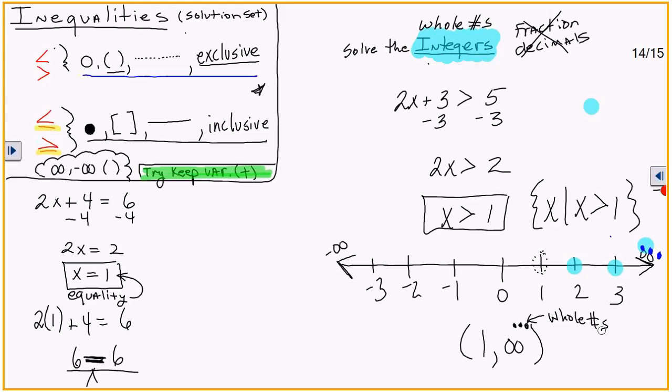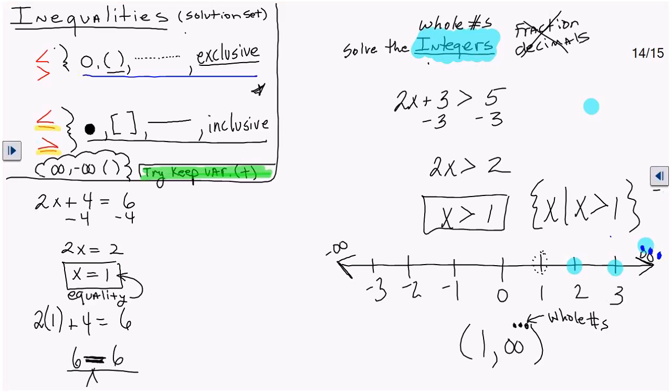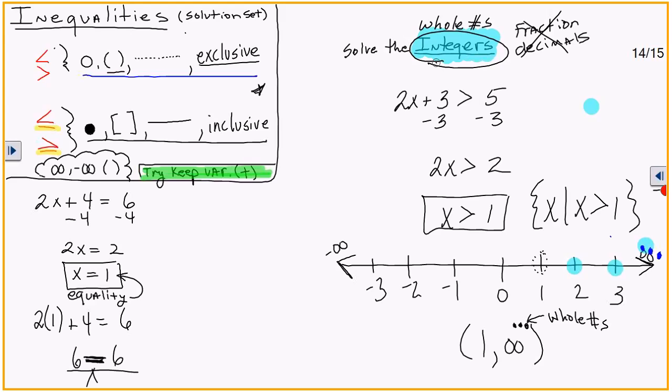That's something you have to watch for. Make sure you read the directions, and if it says integers, you cannot include the fractions and decimals that are in the middle between the numbers. And that is your review of inequalities.